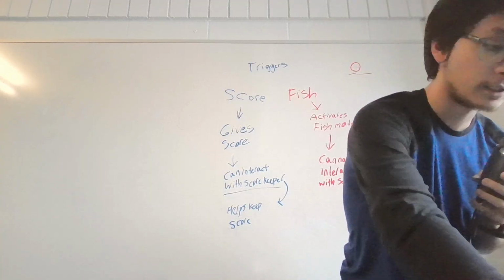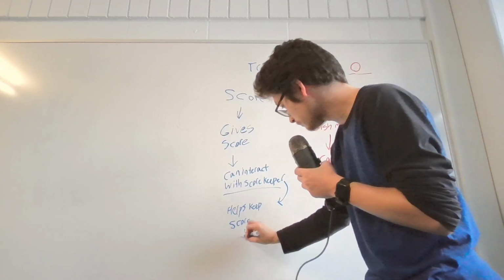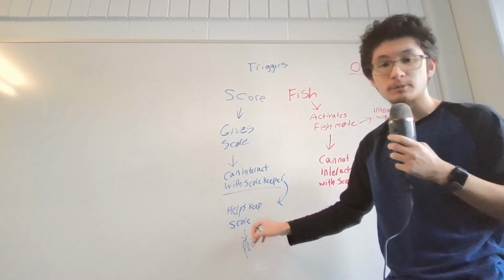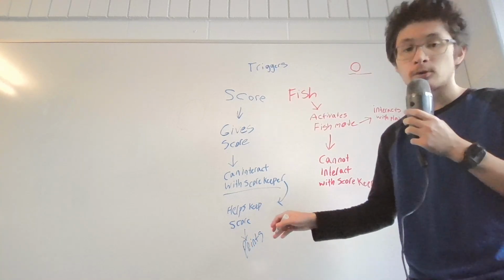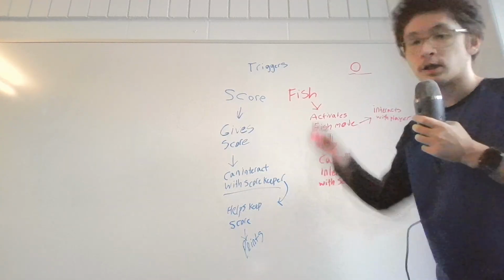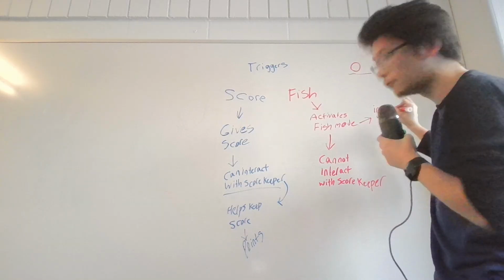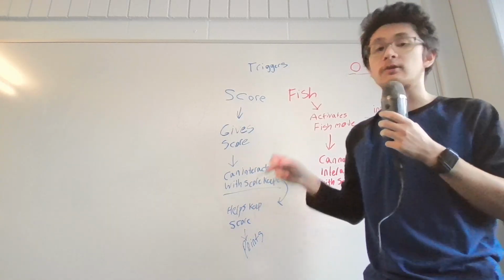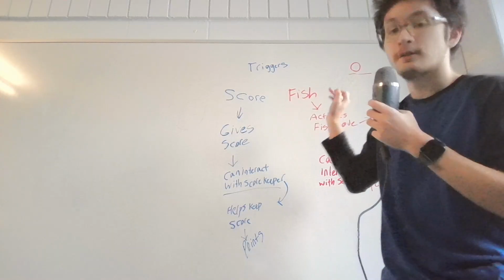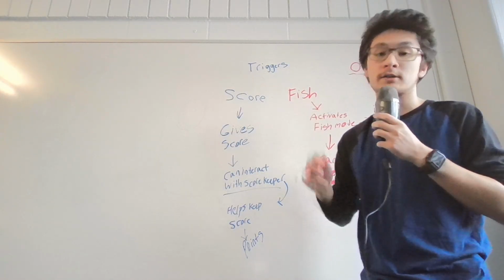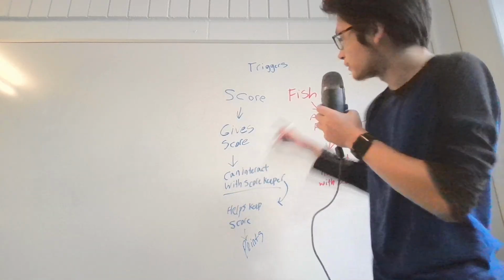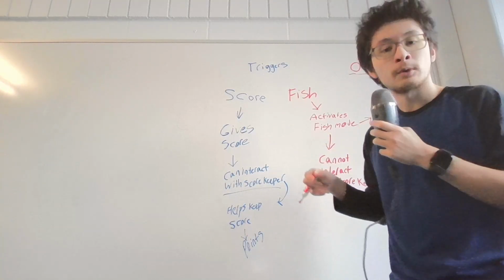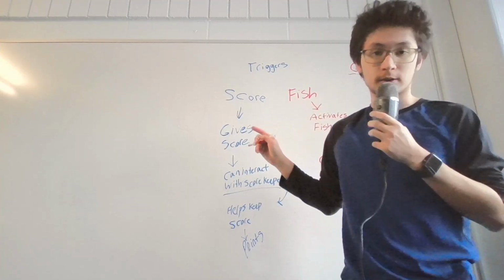This dictates points, so it helps out with the points for your actual score. Meanwhile, the fish trigger only interacts with the player for fish mode, because the scorekeeper doesn't need to know about fish mode. It only needs to know about the points. Two different triggers for two different purposes.